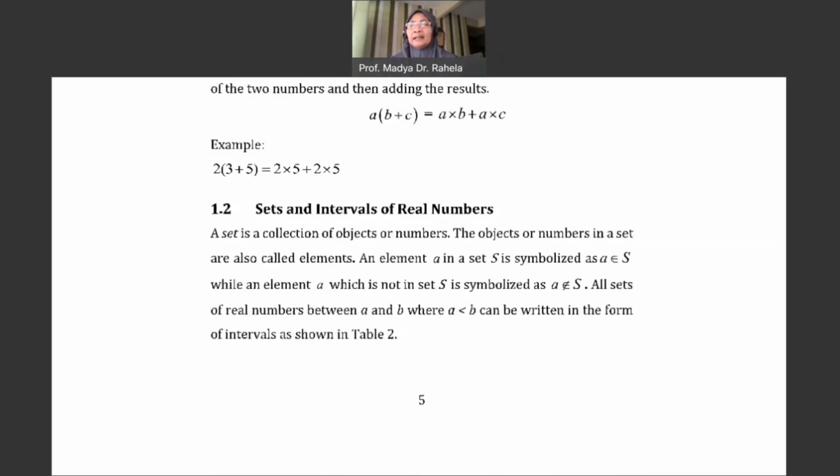A is any number that is inside the set S. If A is not inside S, we use the symbol ∉, meaning that A is not an element of S. In sets also, we can represent in the form of inequality. For any numbers A and B, if B is greater than A, we can use the inequality form. We read it as A less than B.